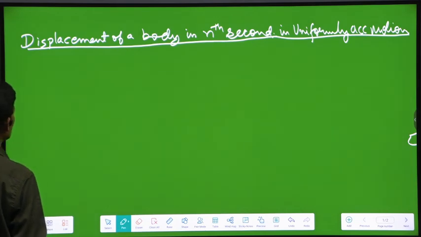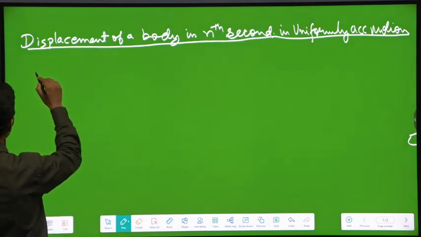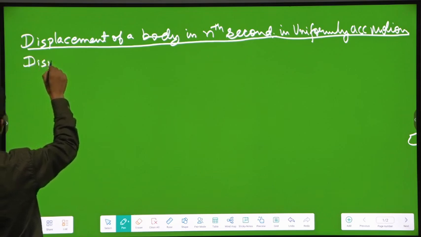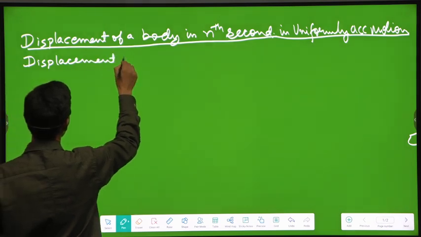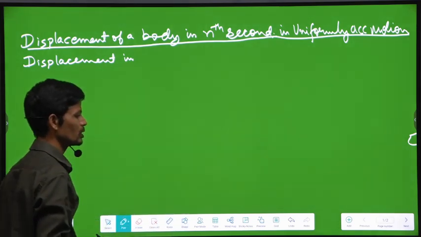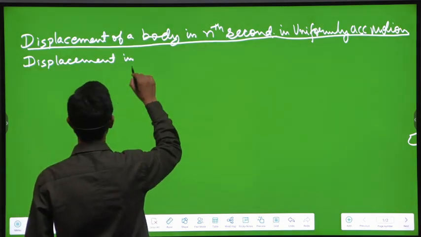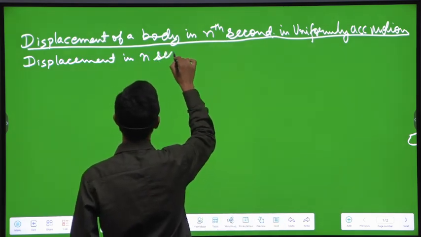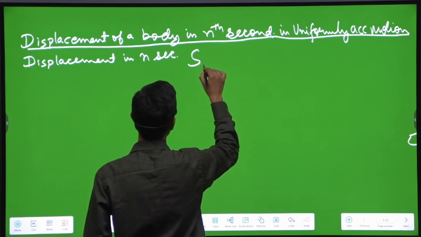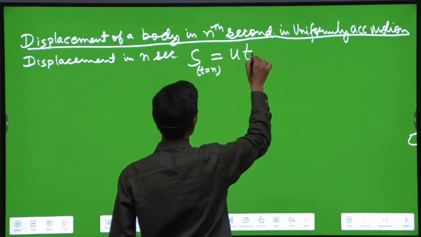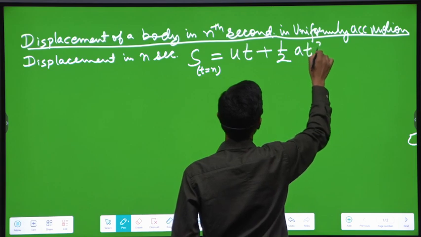So let us suppose the displacement of an object in n seconds, that is s at t equal to n, equals ut plus half at square.